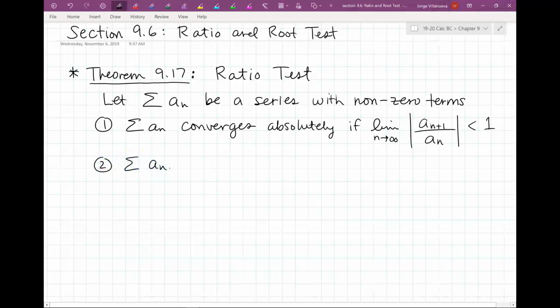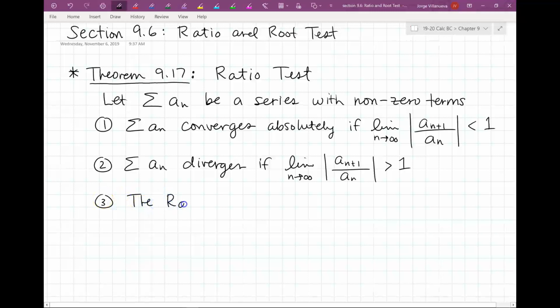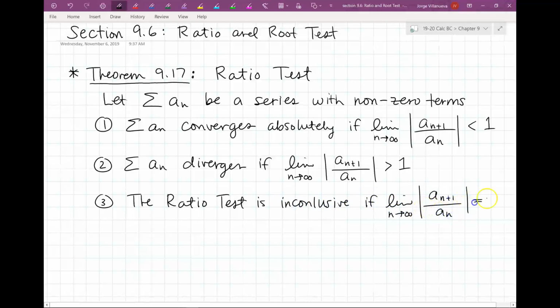The series diverges if the limit as n approaches infinity of the absolute value of A sub n plus 1 over A sub n is greater than 1, or the ratio test is inconclusive if the limit as n approaches infinity of the absolute value of A sub n plus 1 over A sub n is equal to 1. In other words, the test doesn't work, you better try something else.